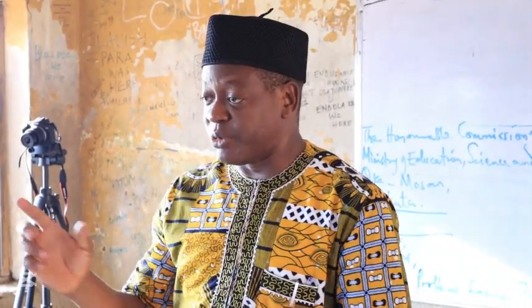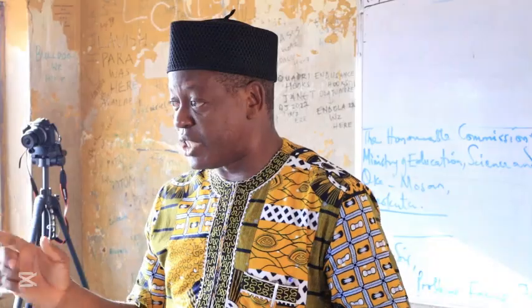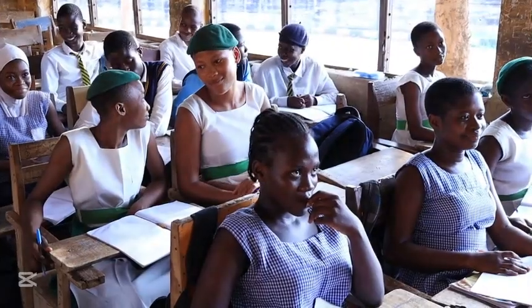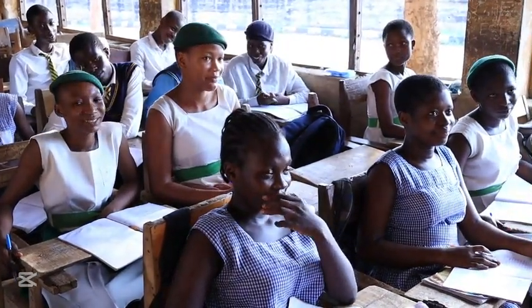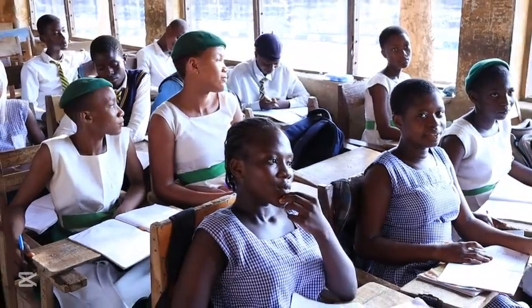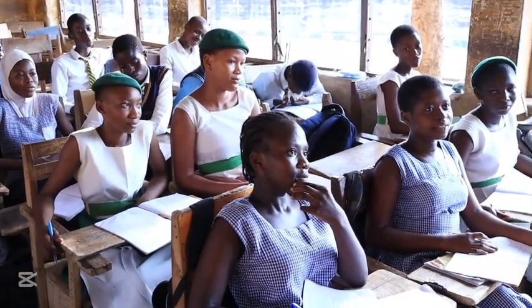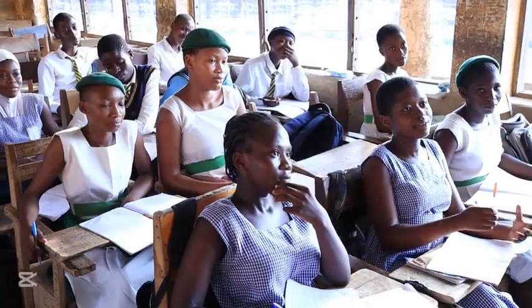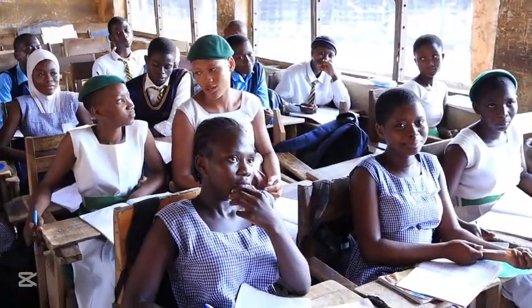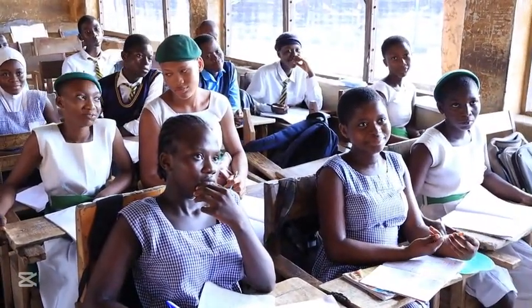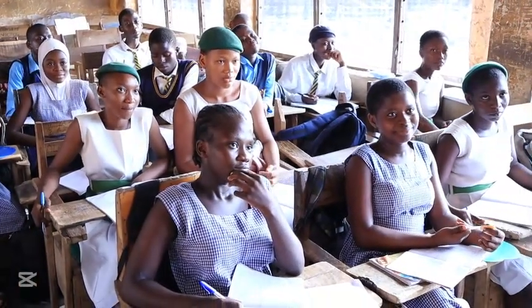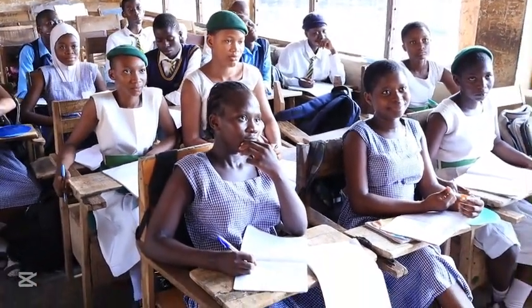You have enough teachers? Yes. For all the subjects, you have enough teachers for all the subjects? No, sir. Like how many students in a class? How many? 58 in a class. Okay. Do you know what UNESCO, also UNICEF, recommended?